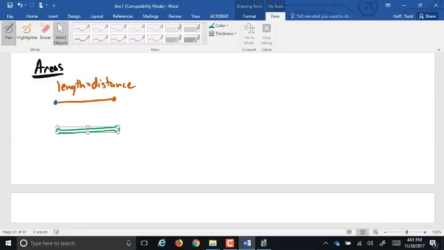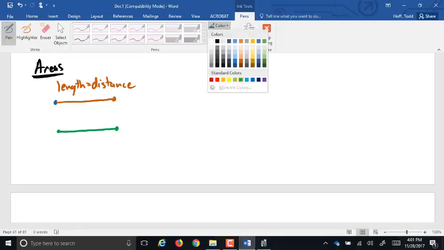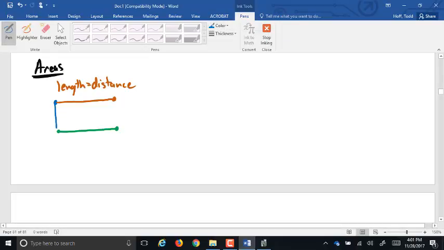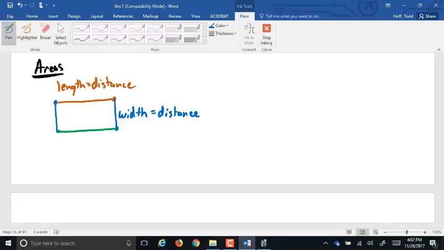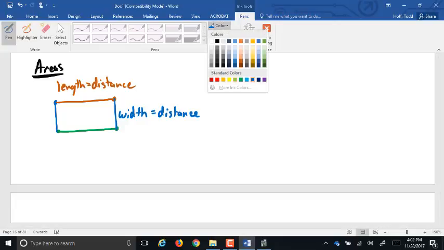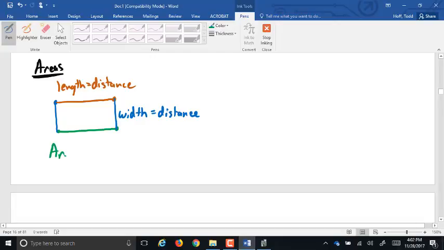If you think of dragging a stick across the sand, it would trace out a rectangle. The width of that rectangle is also equal to a distance moved. We've moved in two directions and created distances in two directions. It is now a two-dimensional object. The area is just equivalent to the space, the surface, that is covered.